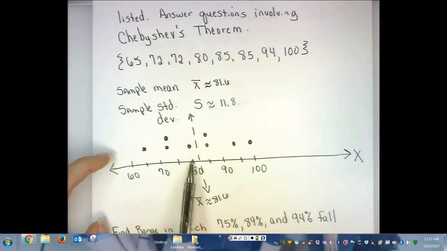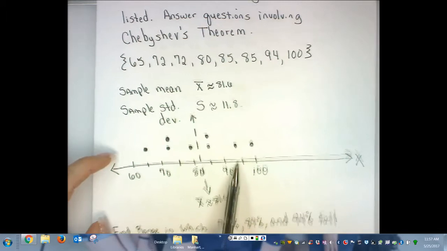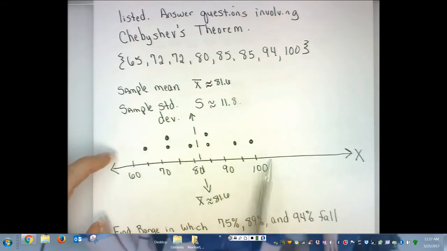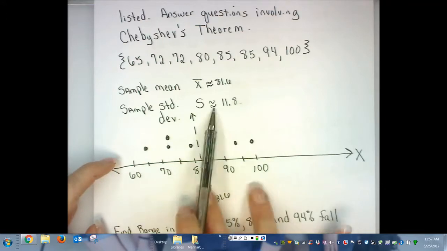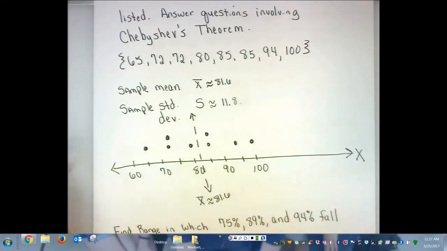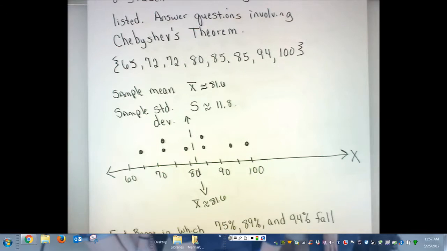One student made an 80. Two students made an 85. One student made a 94, and one student made a grade of 100. So you can see the spread of the data in the data set with respect to the average of 81.6. And it's not a very large standard deviation again, but it's not very small either. I do have some extreme cases of 65 and 100.